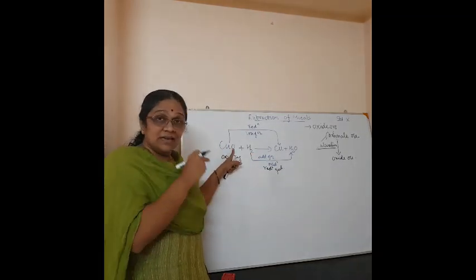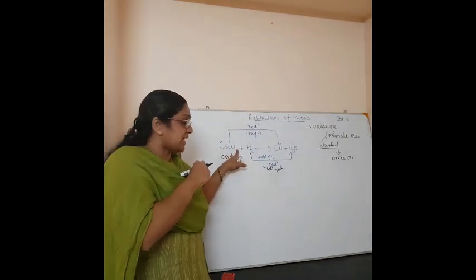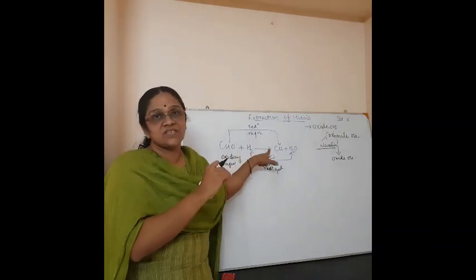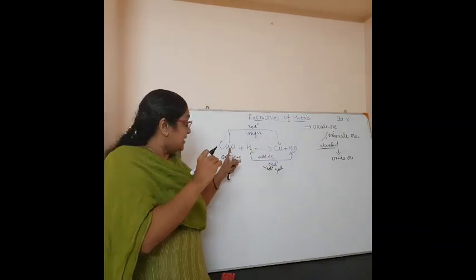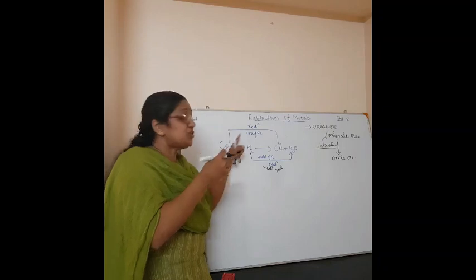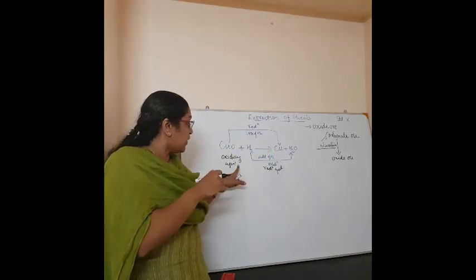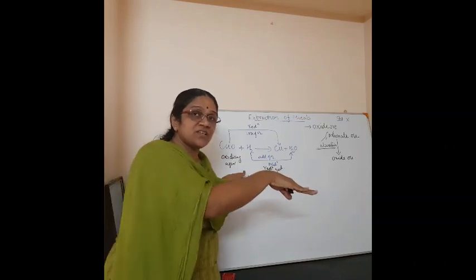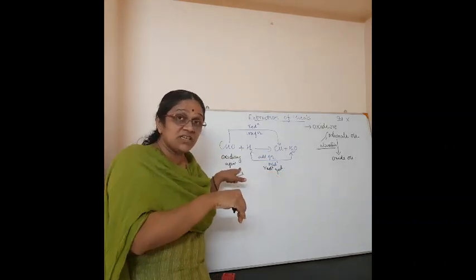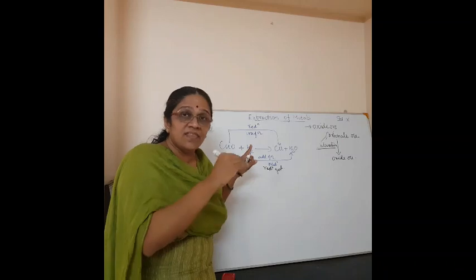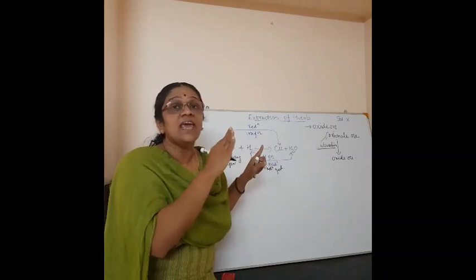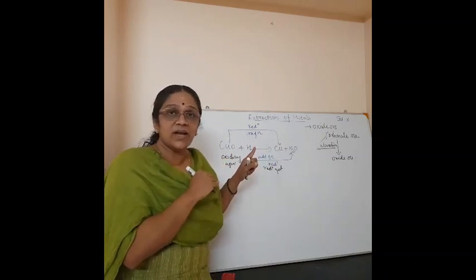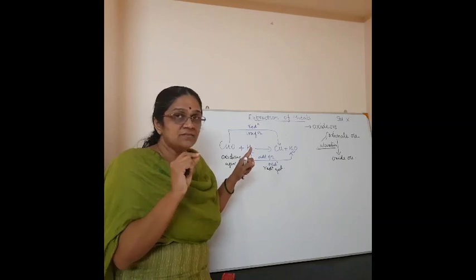So, here it is having oxygen in it, copper oxide. So, it is ready to give oxygen to something else. That is why we called it an oxidizing agent, which helps in oxidation. Do you get it? Clear?